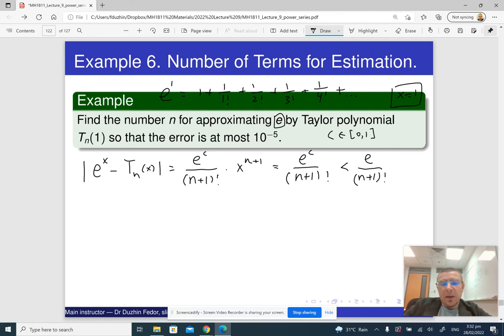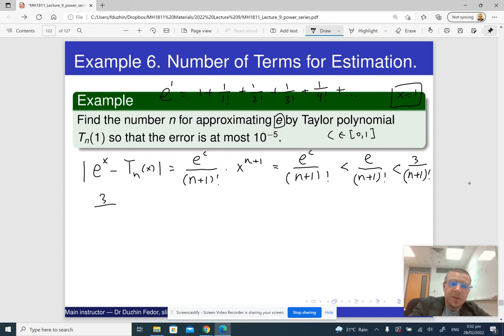It doesn't really make sense to plug in e into this equation just in order to find the error of approximating e itself, because the idea is that we pretend that we don't know what e equals. But we probably do know that e is less than say 3. So this is going to be less than 3 over n plus 1 factorial, right?